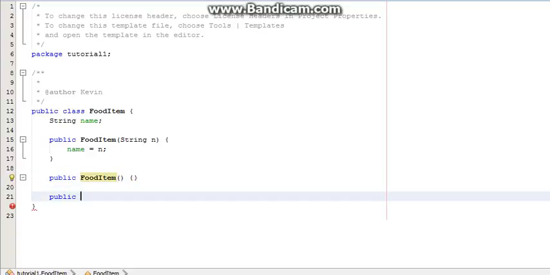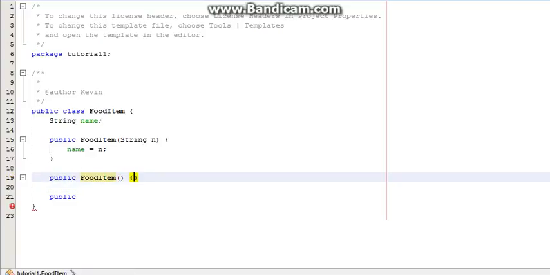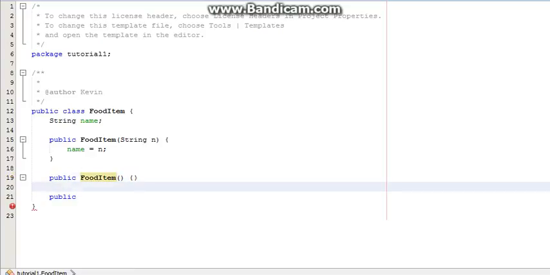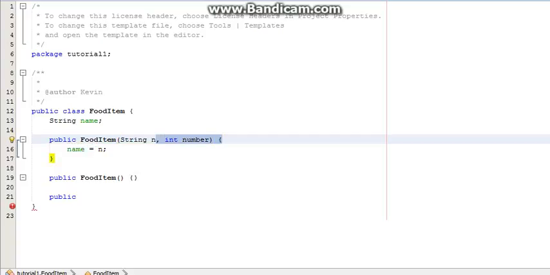So it really depends on how many variables we want to initialize, and this is quite obvious if you consider the purpose of a constructor. Imagine if I had included another parameter here, an int number, as an additional parameter to this constructor.